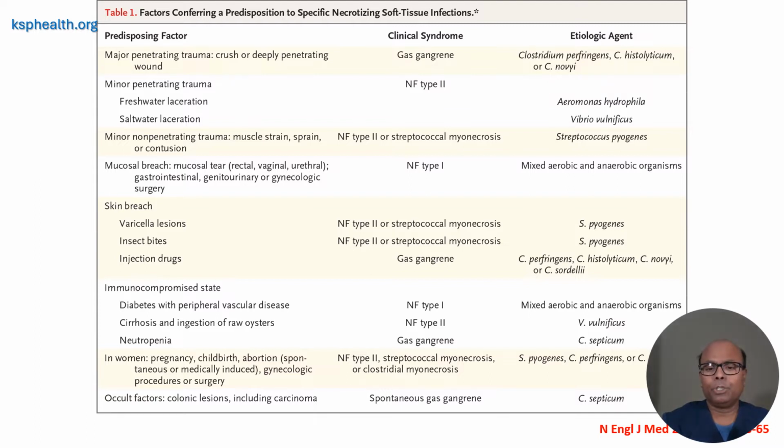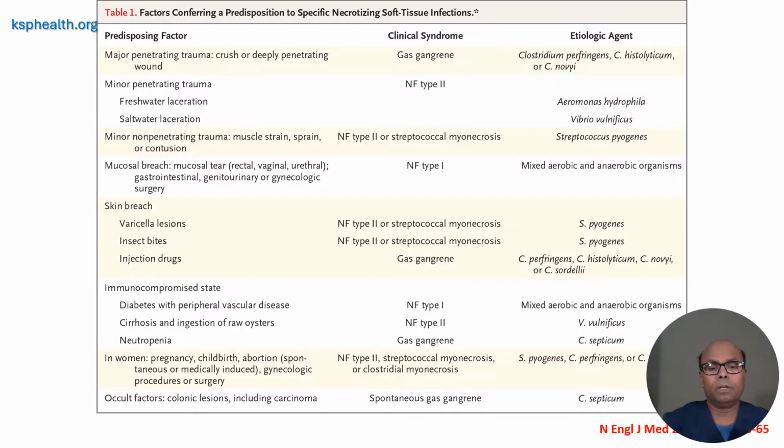Following varicella lesions, it is often caused by strep pyogenes; insect bites, strep pyogenes; injection of drugs, often associated with, again, Clostridium organisms like perfringens, histolyticum, novyi, and sordellii. An immunocompromised host: in diabetic patients, both mixed aerobic and anaerobic organisms.